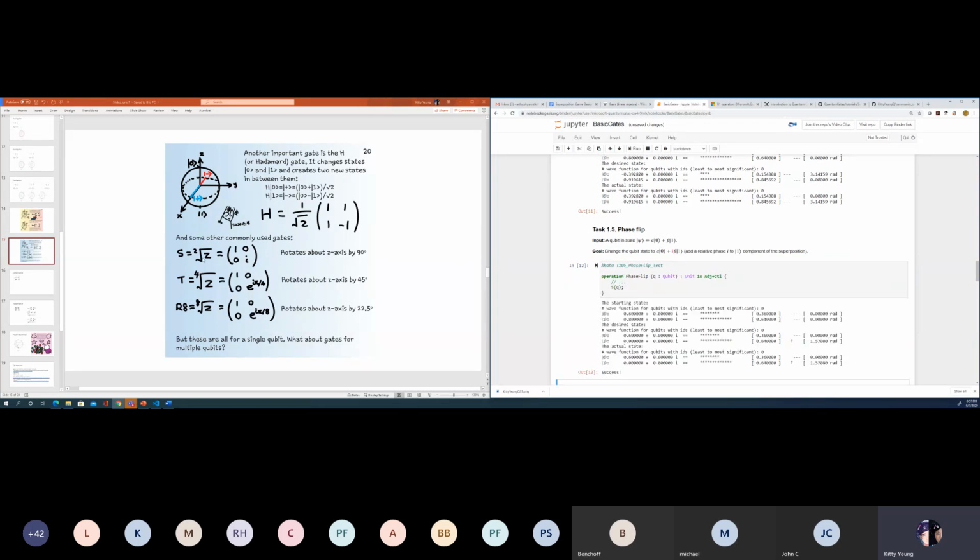And by the way, some of these commonly used gates are called a universal gate set. That's what people are trying to come up with: a set of gates that could put you anywhere on the Bloch sphere using a combination of them. Of course, the smaller the number, the better, so you don't have to have so many gates for computation.